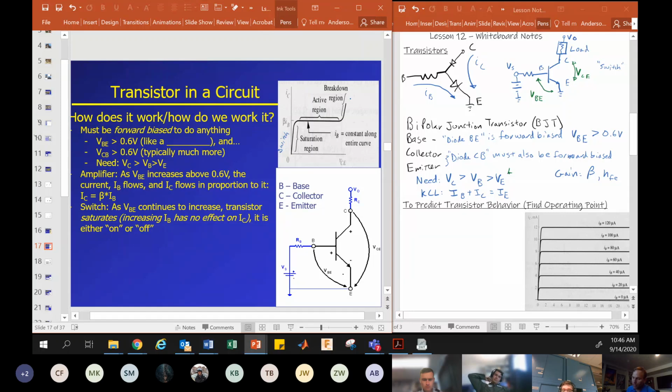When it's in this amplifier region, as we increase the base to emitter voltage and the current flow from the base into the emitter, the current flow from the collector to the emitter increases proportionally. And it's subject to this constitutive law right here.